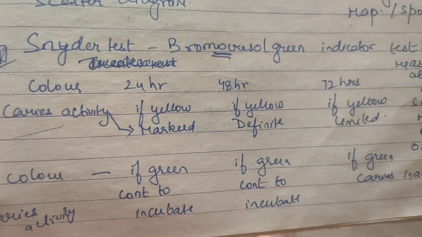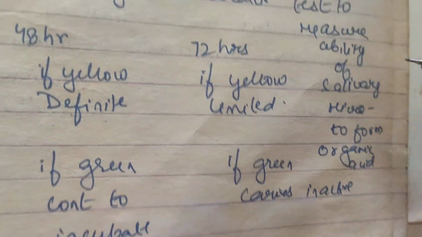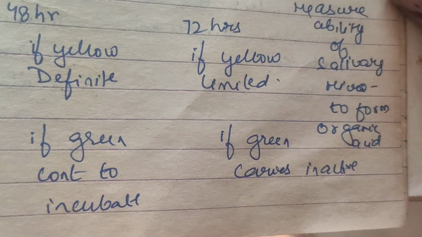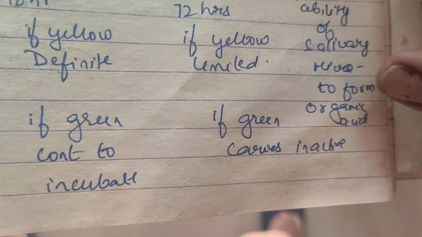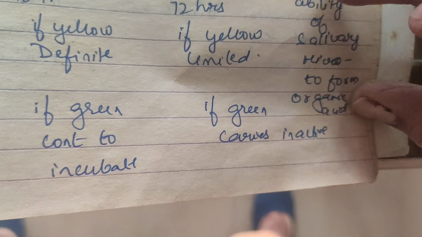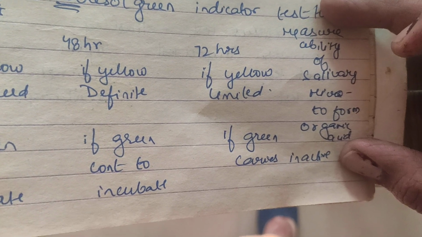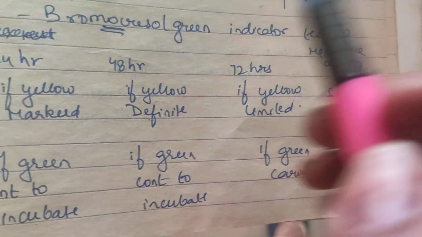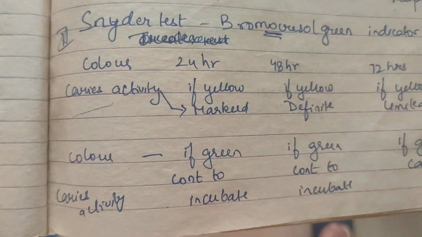This test is used to measure the ability of salivary microorganisms to form organic acid from carbohydrate. I have written it very small, there was no place left. They probably will not ask this, it is just a theory part. So the main thing is bromocresol green as an indicator, and the finding is important.